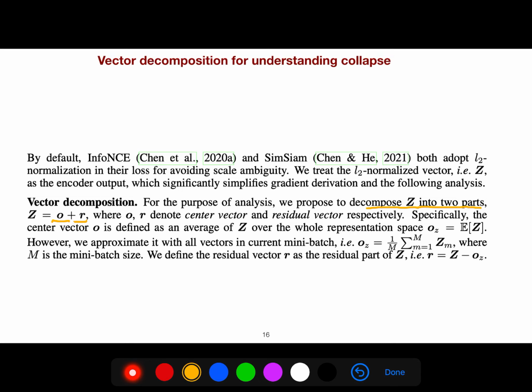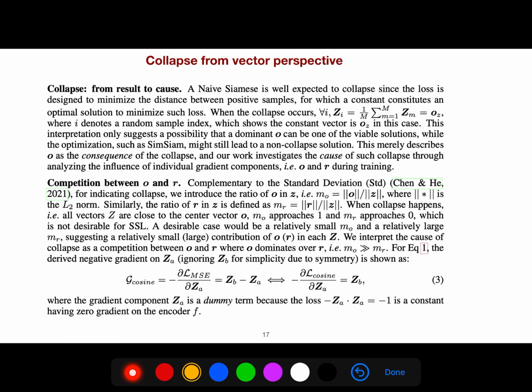However, we approximate it with all vectors in the current mini-batch. A naive Siamese is well expected to collapse since the loss is designed to minimize the distance between positive samples, for which a constant constitutes an optimal solution to minimize such loss.